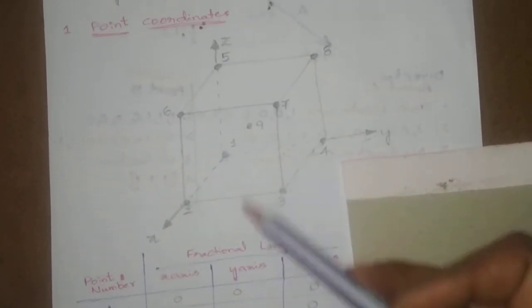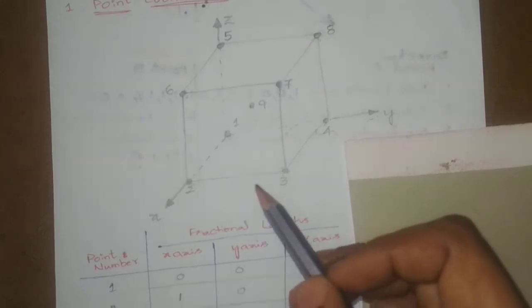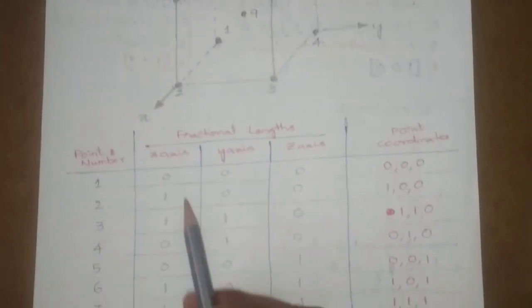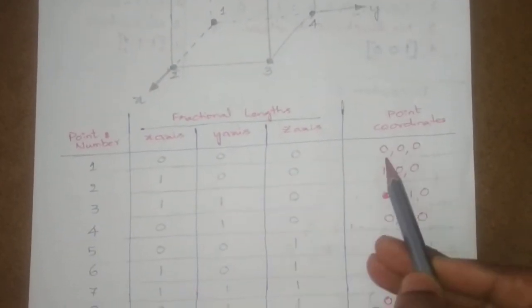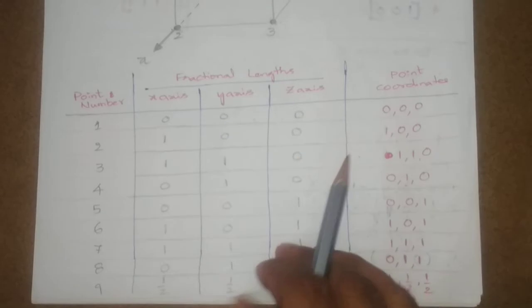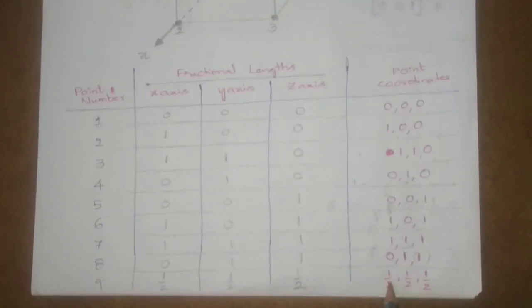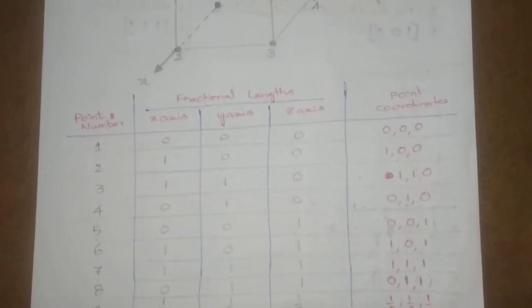We have identified the coordinates of the various points. Whatever we have identified, x, y and z, these are the coordinates of point number 1 to point number 9. I hope it is clear. So this is about the point coordinates.